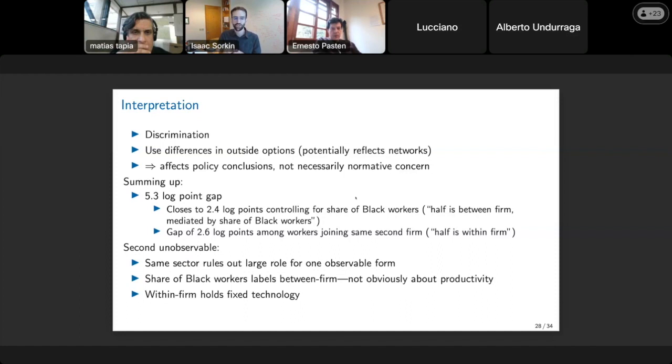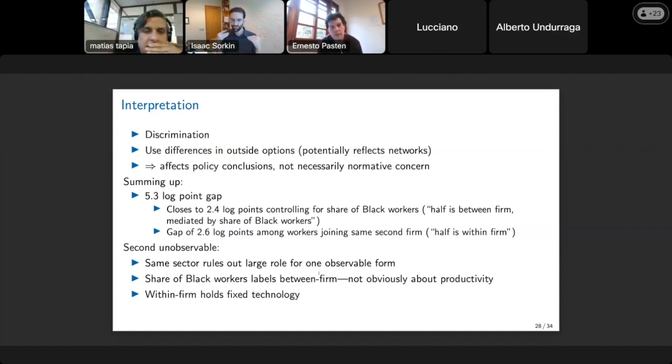Same sector is one observable form of a second unobservable, in the sense that if you think of sector-specific human capital, the fact that there are very small differences in sector switching suggests that this observable form of the second unobservable is likely to be small. I think the share of Black workers labels the between-firm gap, which feels a lot more about either networks or discrimination than it does about productivity.